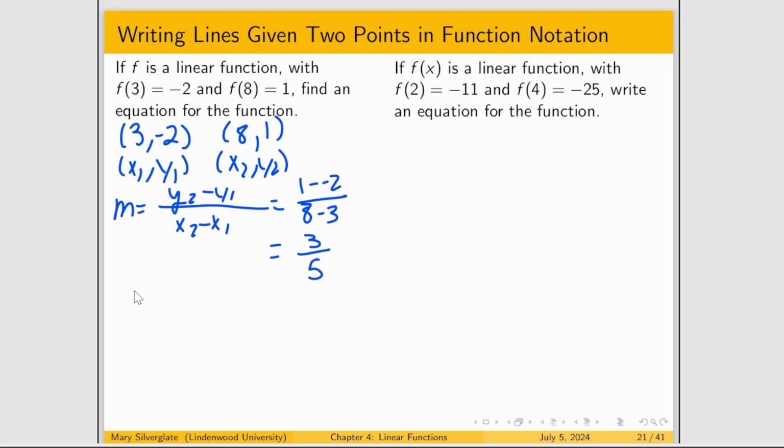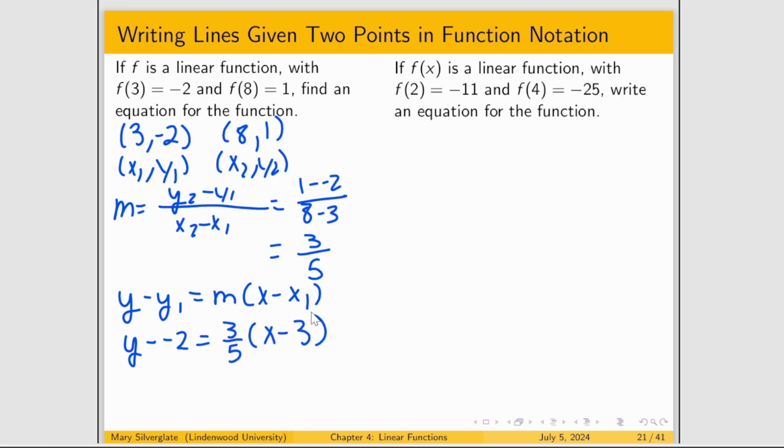Now I can plug this into point slope form, so y minus y1 equals the slope times (x minus x1). And now I just plug in one of my points. In this case, I'm going to arbitrarily pick the first point because I already labeled that x1, y1. So y minus negative 2 equals 3/5 (x minus 3).